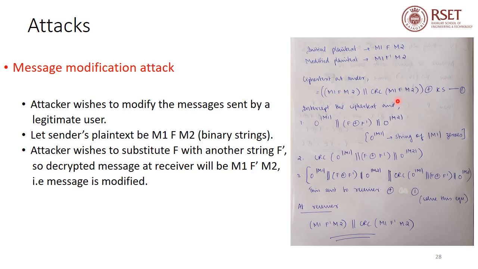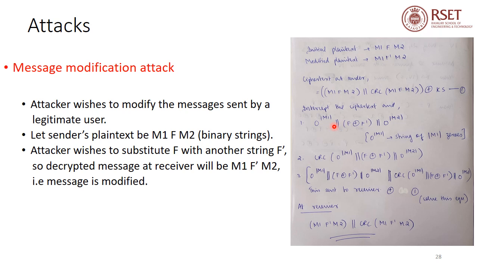Now the attacker will intercept the ciphertext and generate a new string of this form, that is 0 raised to mod M1 concatenated with F XOR F dash, where F indicates the original binary string in the plain text which was sent, and F dash is the modified message that the attacker wants to insert, and again concatenated with 0 raised to mod M2.